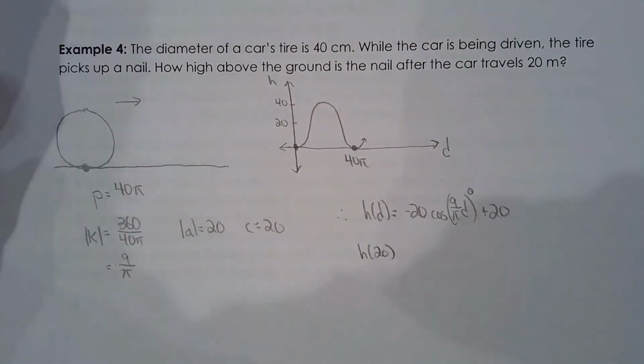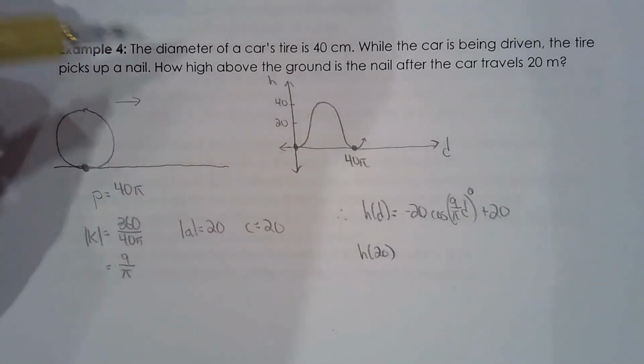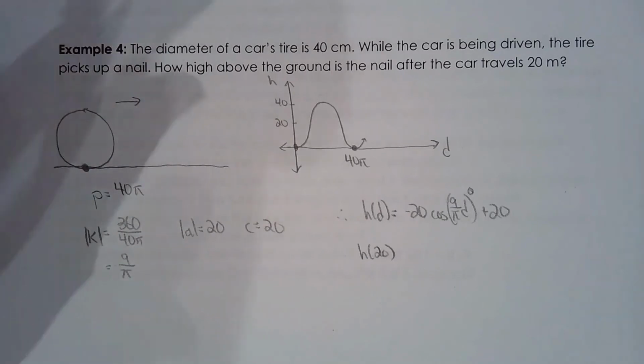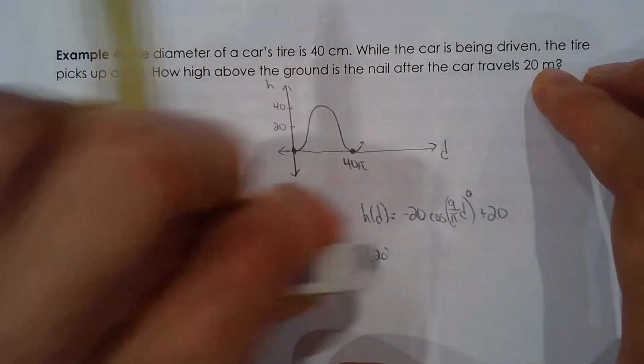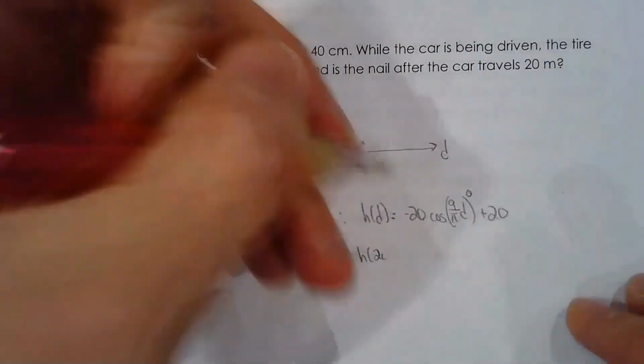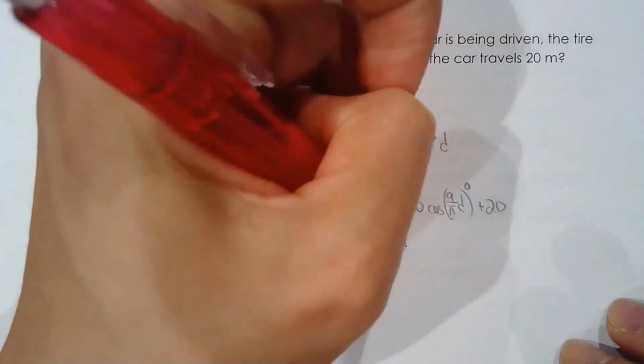So H of, I made a boo-boo. So D is in centimeters here. D is in centimeters because the diameter is in centimeters. So I need to take 20 and multiply by 100 because there's 100 centimeters in a meter. So I want to find H of 2000.